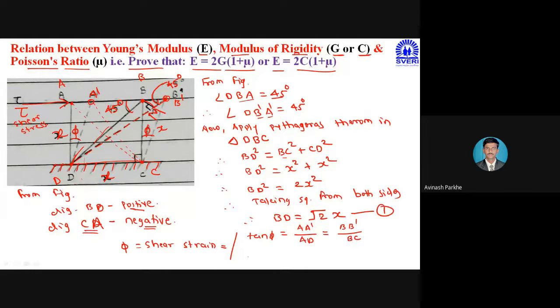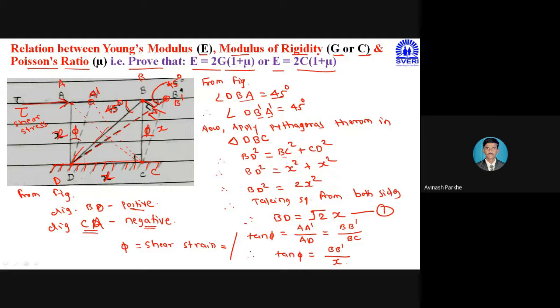Therefore, tan phi is equal to B dash divided by BC. This vertical distance is already given in the figure, which is equal to X. So from this tan phi, I have calculated one term, B dash upon X, because I have to calculate the B dash.